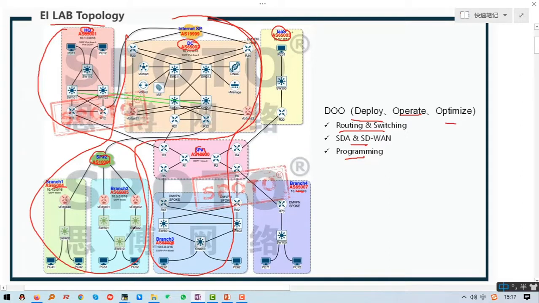And the right part is our programming. Programming is relatively simple for SPOTO students.